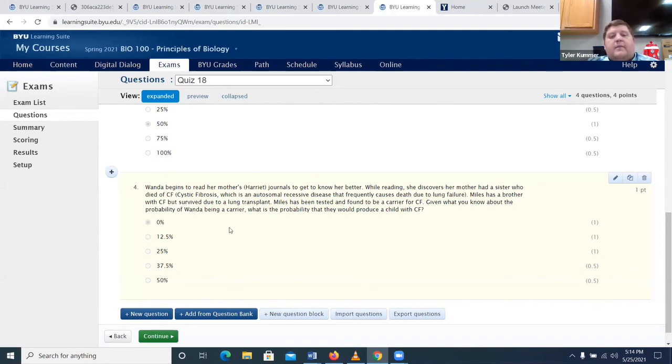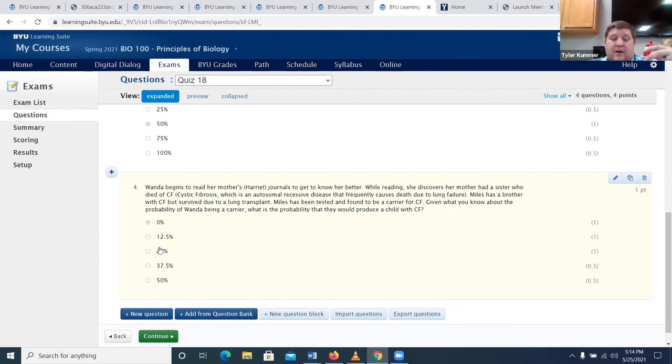So depending on how you're looking at it, you could assume that Wanda isn't a carrier, and if that's the case, you would have put 0%. You could assume that Wanda is a carrier. That would give you 25%, so 0 or 25% would be a potential answer. Really, because we don't know what Wanda is, we should do two Punnett squares.